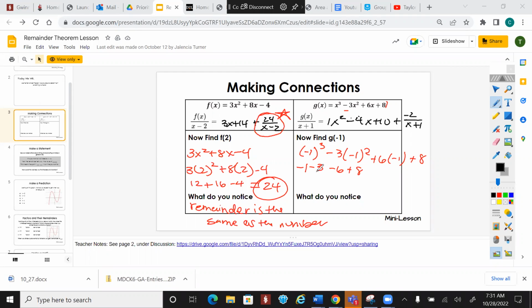So -1 minus 3 is going to give us -4. -4 minus 6 is -10. -10 plus 8 is going to give us -2. Is this the same thing as this remainder? Yes. So one thing that you want to keep in mind is whatever they're dividing by, you're going to switch the sign and plug it in. Just like what we did here, we switched the sign and then we plugged it into the function.